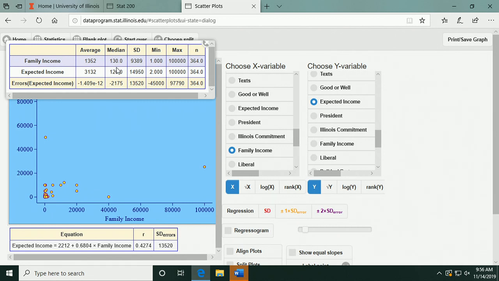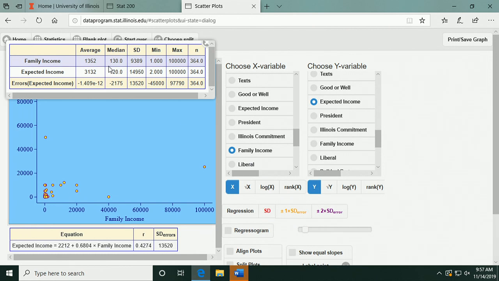Median is, wow, you guys are rich. That median is 130,000 in our class. Whereas the average in family income, look at this, is 1,352,000. That's shocking.